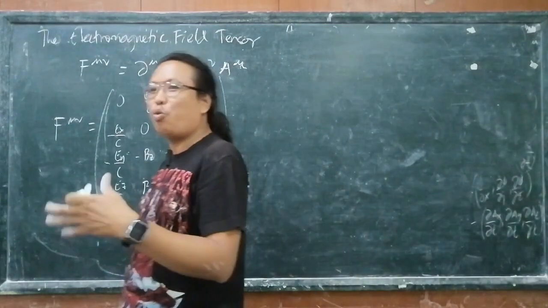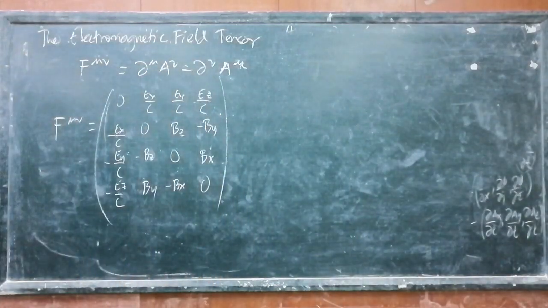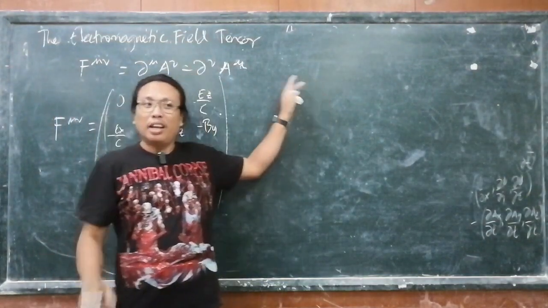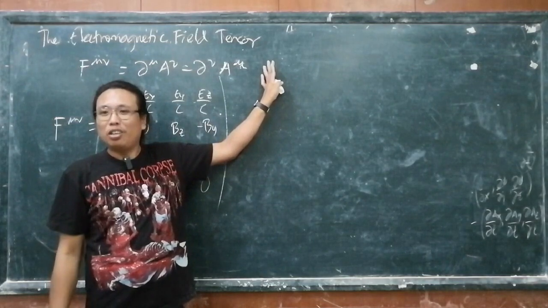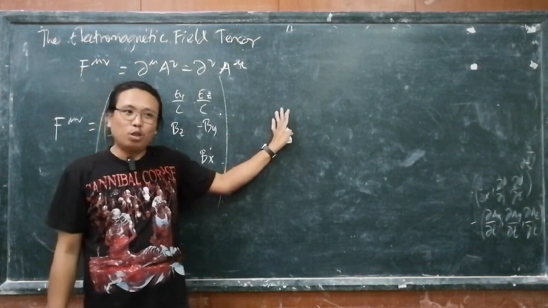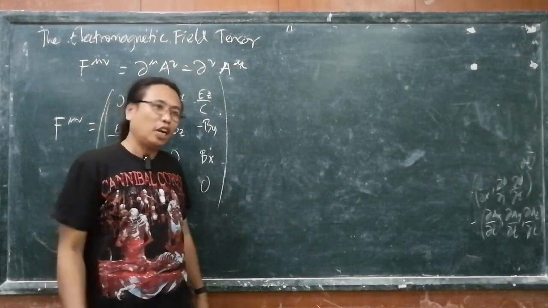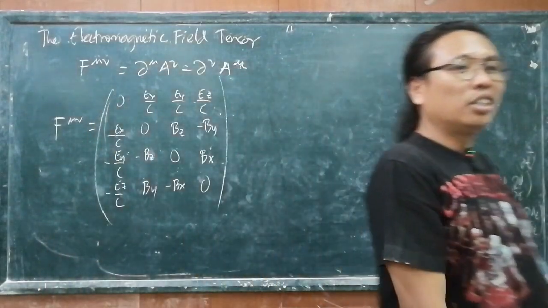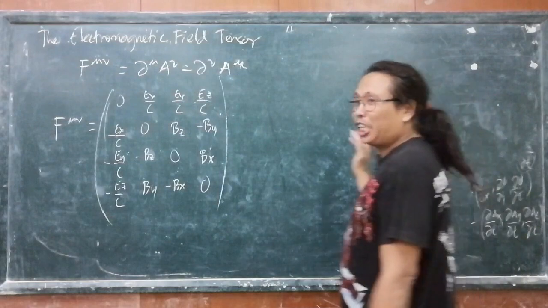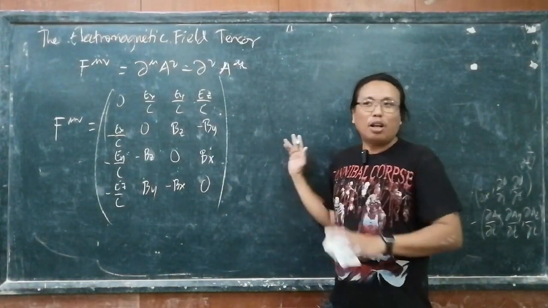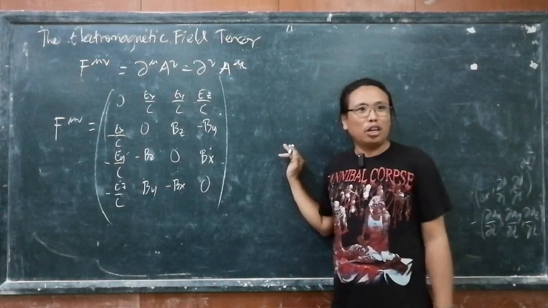How do you think we express this one? As a contravariant type rank 2 tensor, or a mixed tensor of rank 2, or a covariant tensor of rank 2? Which do you think? It's a coordinate transformation. I showed you before how a vector transforms under coordinate transformation.